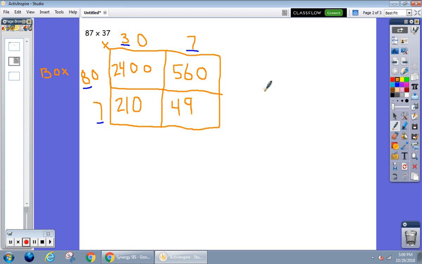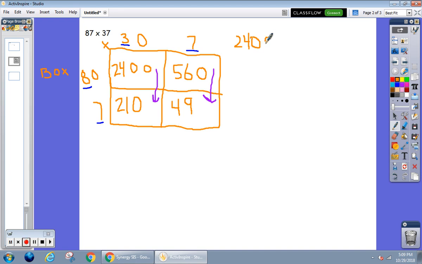All right, so I'm going to add down first in each column. So let me rewrite it over to the side because it's important to line up your place values so you make sure you're getting the correct sum.